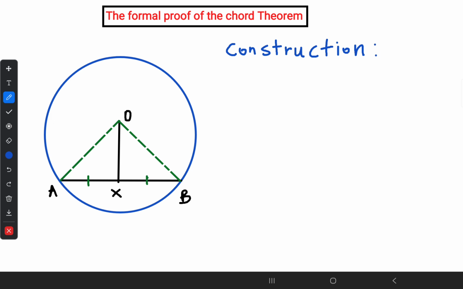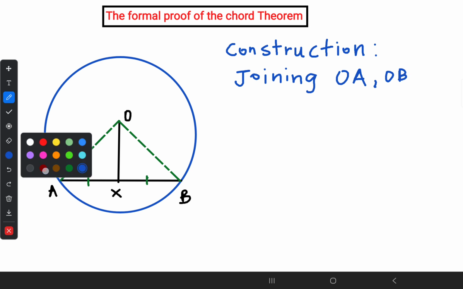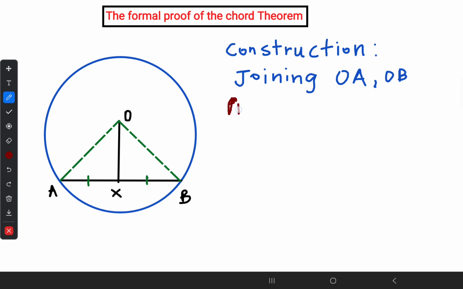Construction was joining OA, OB. For further calculation only, we joined OA and OB by dashed line. Now we can move to the proof part.